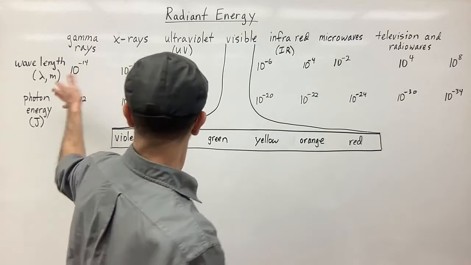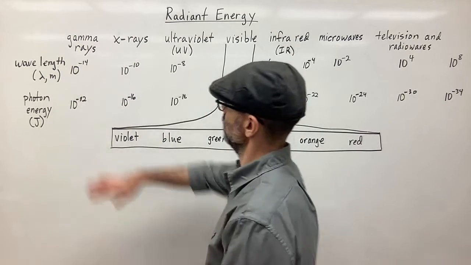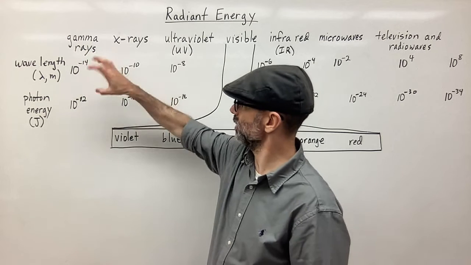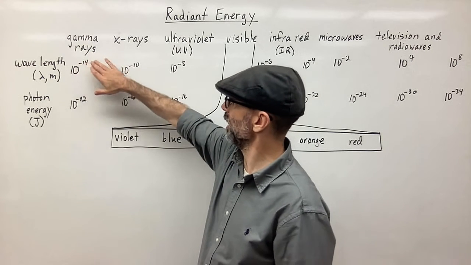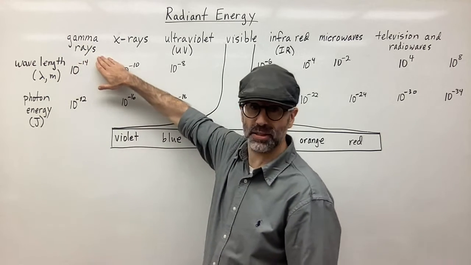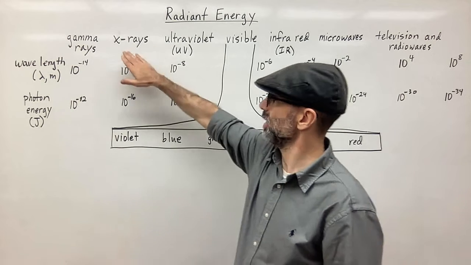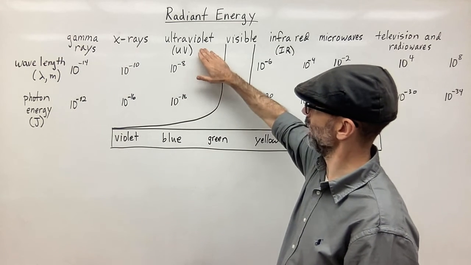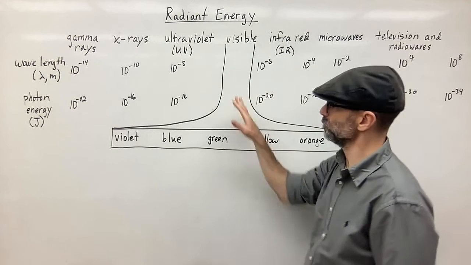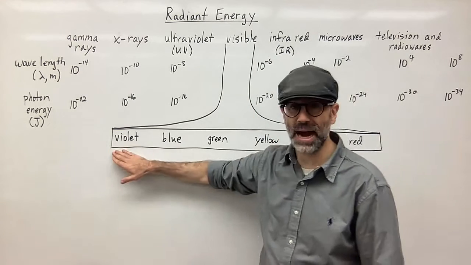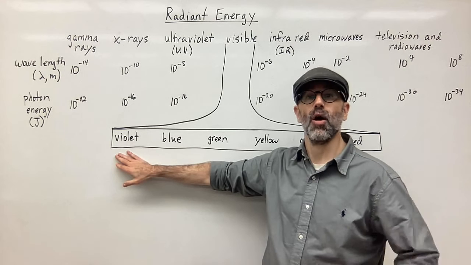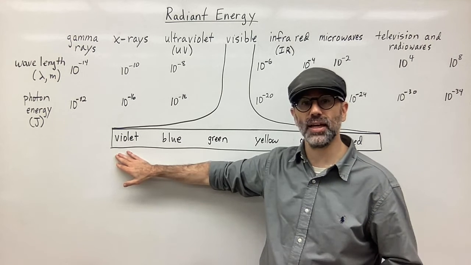So the order that you should know is starting with the highest. The highest energy radiation is your gamma rays, followed by the X rays, and then ultraviolet light, UV light. And then you've got the visible spectrum. And again, going from violet to red, you're decreasing in energy or you're increasing in wavelength.